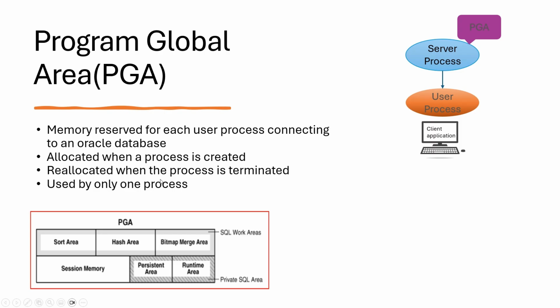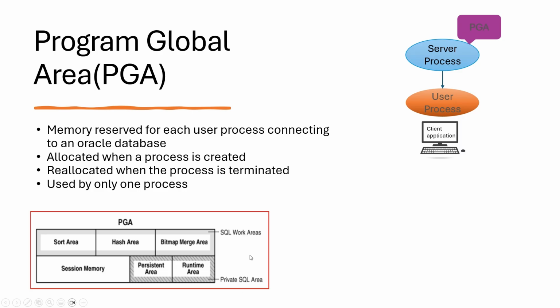Whenever a user process is initiated, it will have a dedicated server process, and for that server process one PGA will be allocated. This will have all the session information, also hash area, sort area, bitmap merge area, runtime area, persistent area. Multiple areas it will have. PGA can be distinguished into SQL work area and private SQL area.